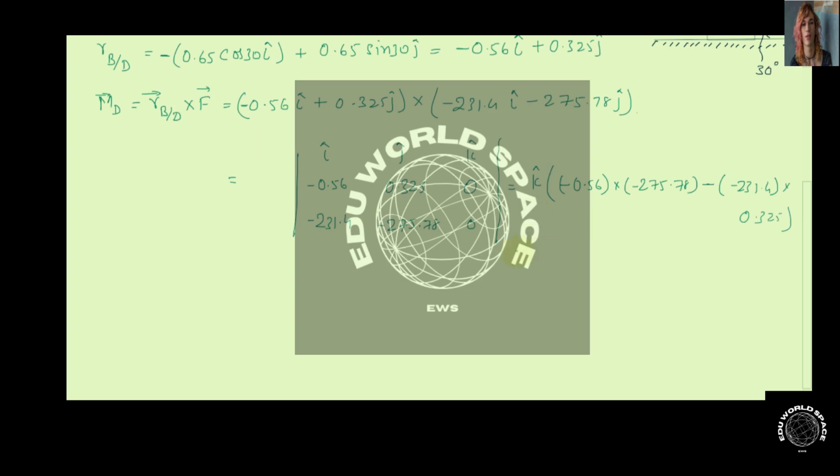So now we can solve this. This comes out to be 229.64 k cap. This k cap is positive. It means that the equivalent couple at point D will be in the counterclockwise direction.